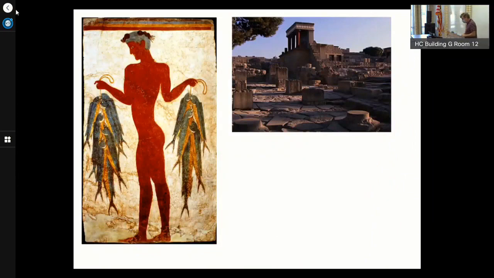About 1450 BC, something happened, and the Minoan civilization just went away. Obviously, a catastrophic event of some sort. And ladies and gentlemen, that was it for the Minoans.